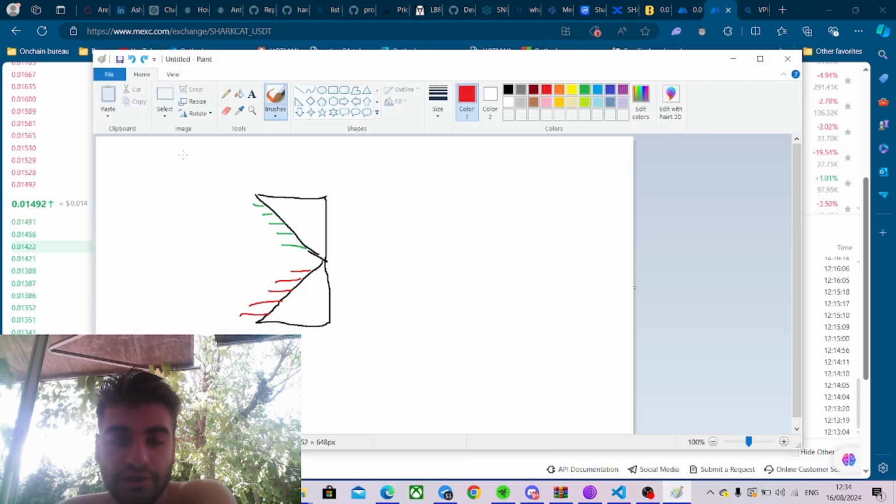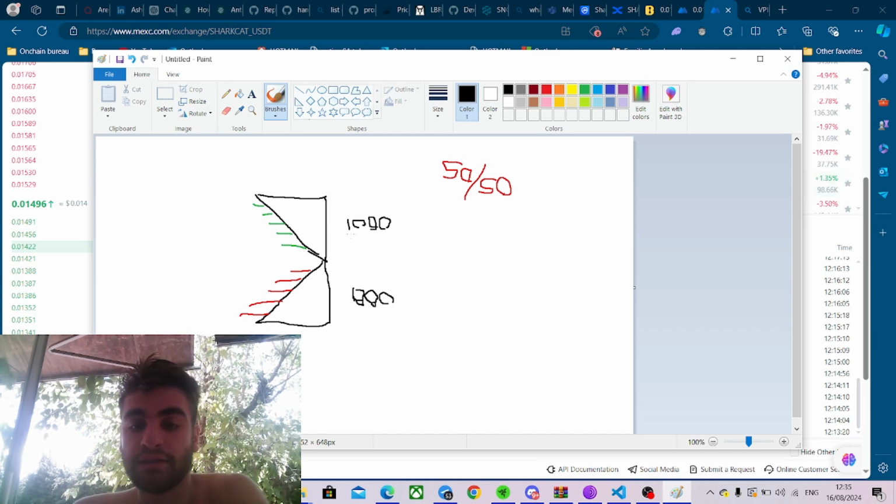So in a normal scenario, if we had 50-50, we would have the same amount of volume on both sides. So let's say we would have $1,000 on this side, and the $1,000 would be spread in a staircase.